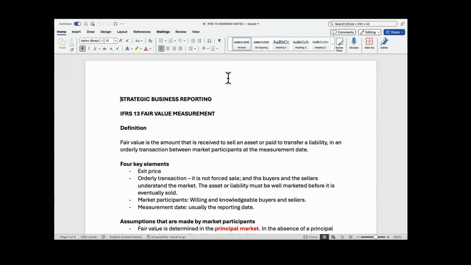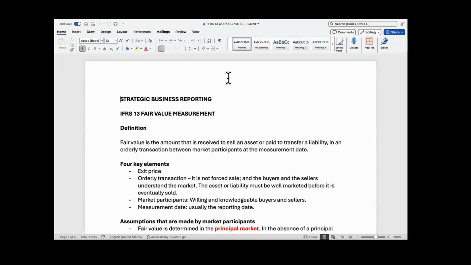This part of your syllabus is also a regular part that you would find the examiner asking you almost every diet. And what's this standard talking about? I told you before I gave you the definition that this standard established a single framework for the determination of fair value.